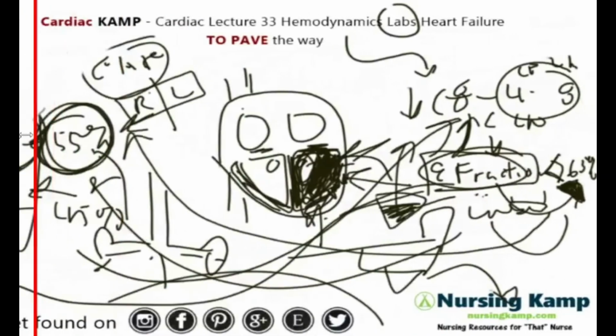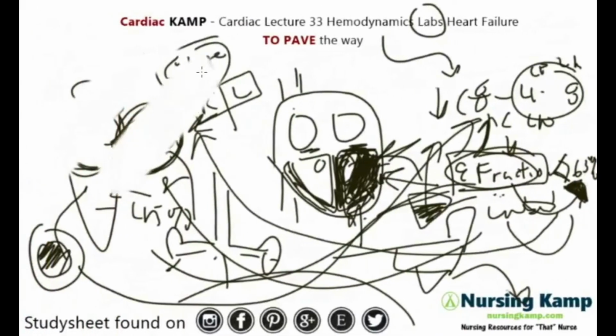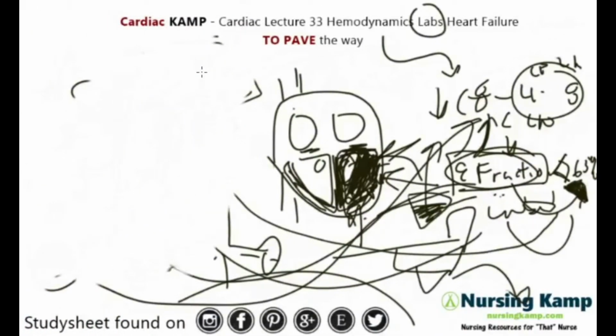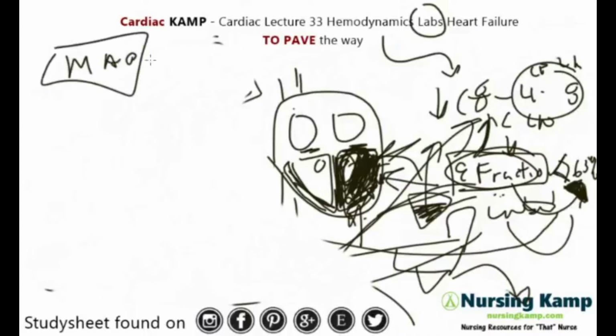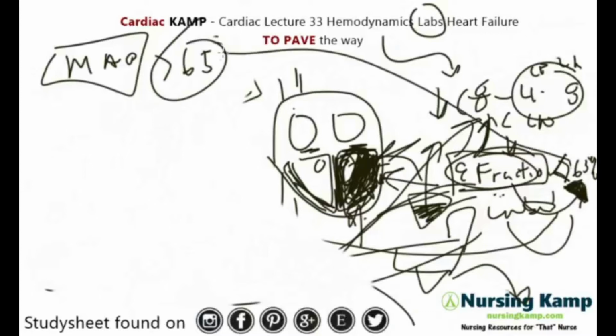Well, the brain needs perfusion, okay? And in order to have perfusion, we need a mean arterial pressure. And that mean arterial pressure needs to be greater than 65. Well, that's also similar to this ejection fraction. The funny thing is with the brain, it needs to be greater than 70 to 75.